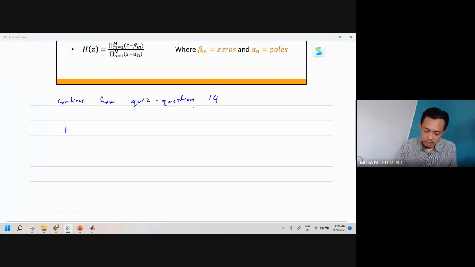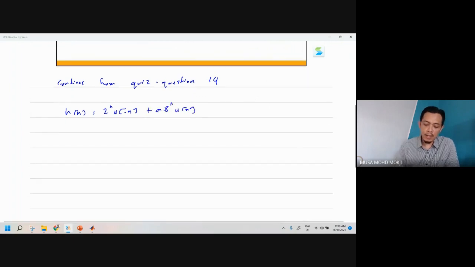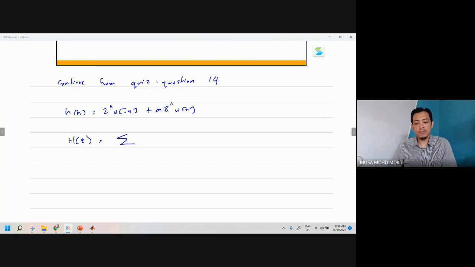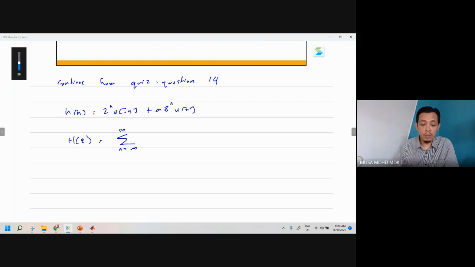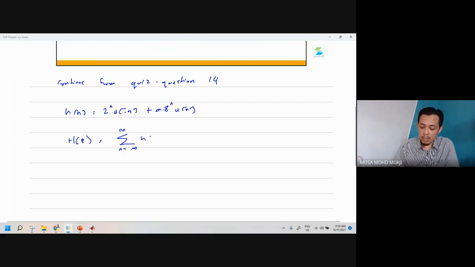So write it again. h[n] is equal to 2 to the power of n u[-n] plus 0.8 to the power of n u[n]. And what is H(z)? H(z) is just a summation. So this is the formula: summation from minus infinity up to infinity, of course, the whole range, of h[n] z to the power of minus n.